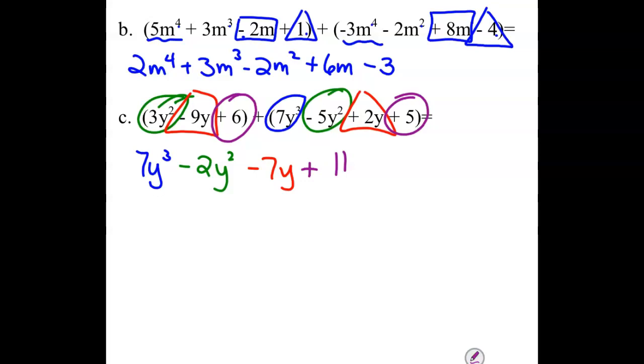Okay. Questions on adding them? If I asked you to classify this one, what would we call it? So go through. What's its degree? What's its highest power? 3.